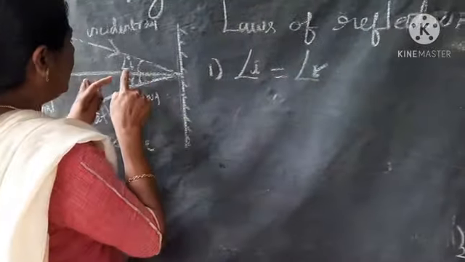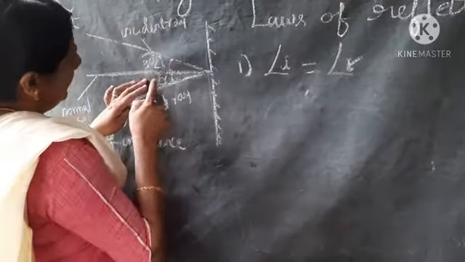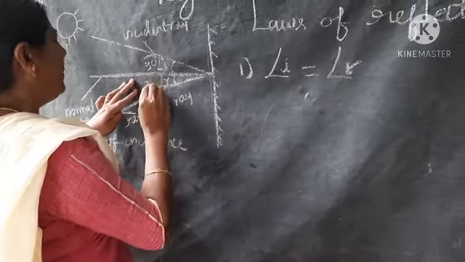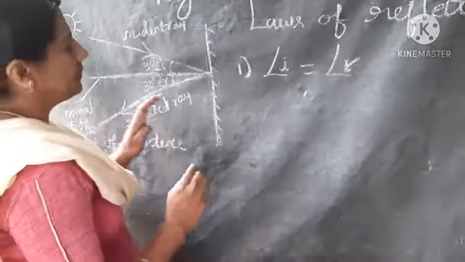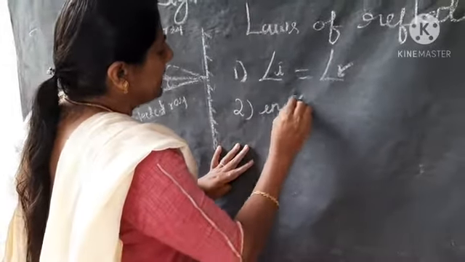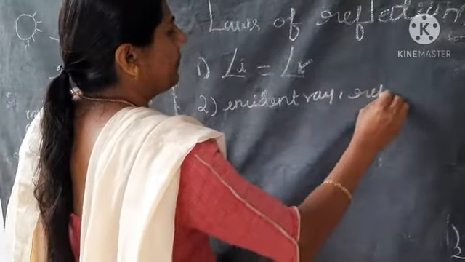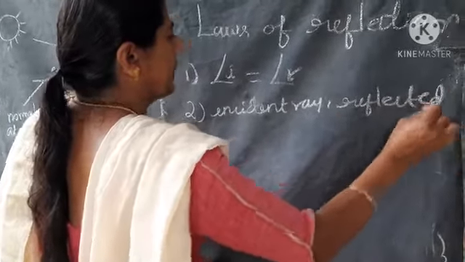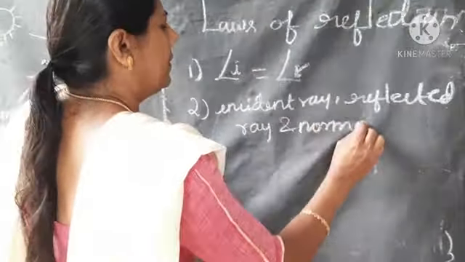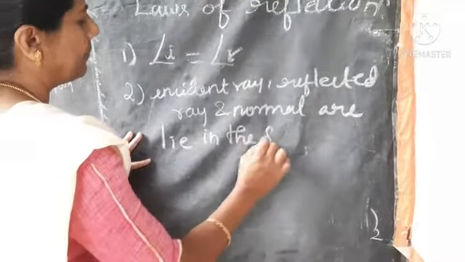For example, if angle i is 30 degrees, then the angle of reflection also will be 30 degrees. The second point is incident ray, reflected ray, and normal lie in the same plane.